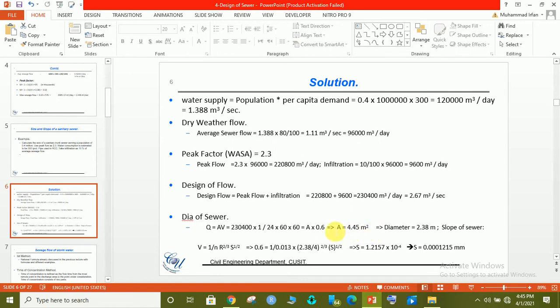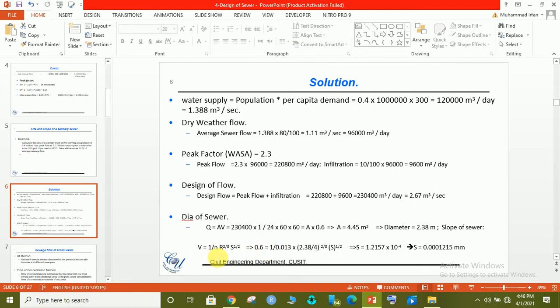You can just calculate it. The area is equal to pi d square divided by 4; keep d on this side and move the fixed values to the other side. So the diameter is 2.38 meter. Now you can also check the velocity using the Manning equation: V is equal to 1 by n times R to the power 2 by 3 times S to the power 1 by 2, which is 0.6.